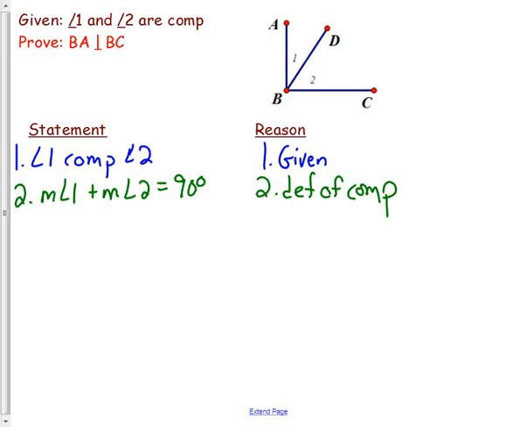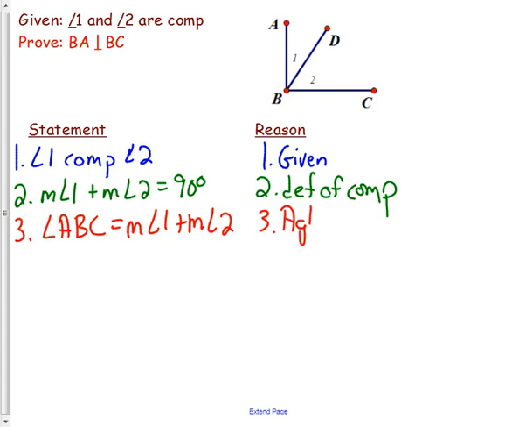Okay, we are in terms of angle 1 and angle 2, but we need to get in terms of BA and BC. So we need to have this conversion factor, if you will, between the numbers and the sides. Well, what did angle 1 and 2 also add to make? Angle ABC. So what we are going to say next is that the measure of angle ABC equals the measure of angle 1 plus the measure of angle 2. That was our angle addition postulate.